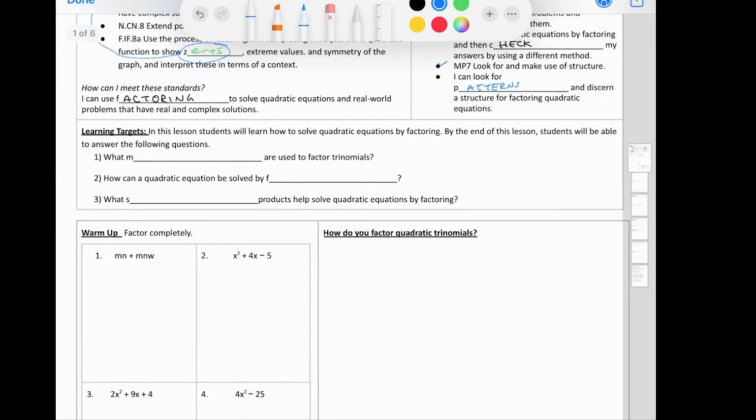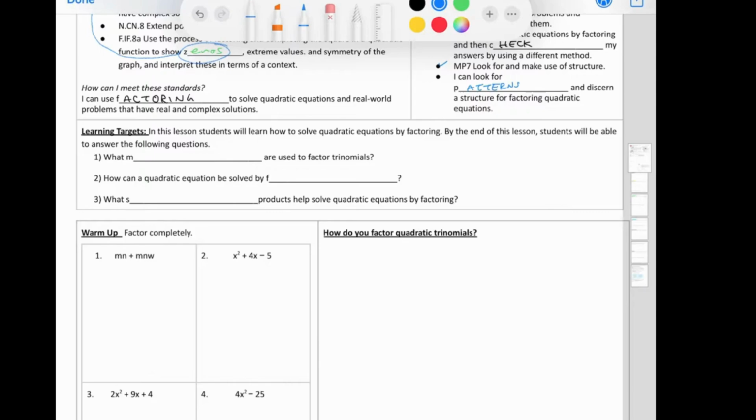All right, what are our learning targets here? In this lesson, students will be able to learn how to solve quadratic equations by factoring. By the end of this lesson, students will be able to answer the following questions.